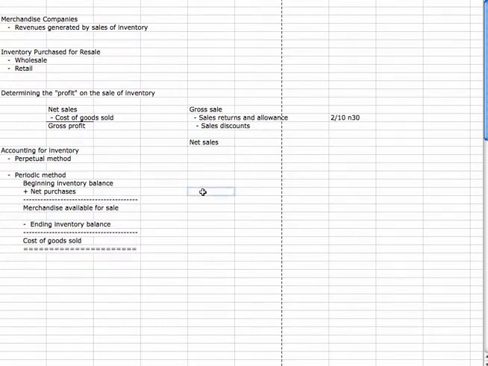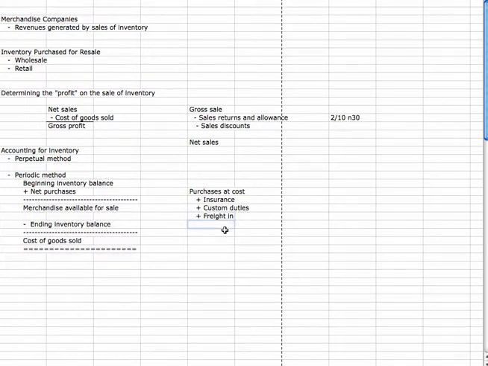Net purchases are our purchases at cost, what it cost us, plus our insurance that we might pay for the transit, plus customs duties, plus freight in.